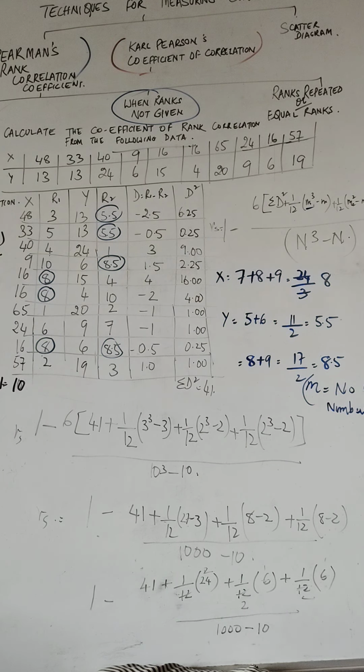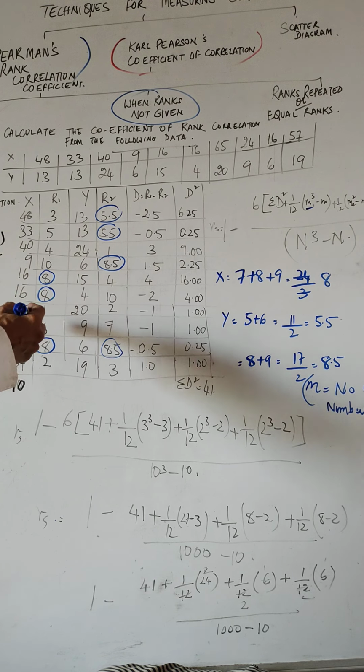As usual, we take the highest number as number 1. So 65 is the largest number in the X series, so we rank it as 1.